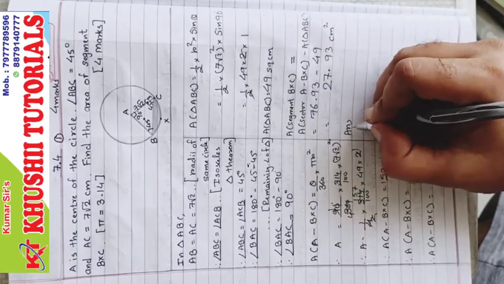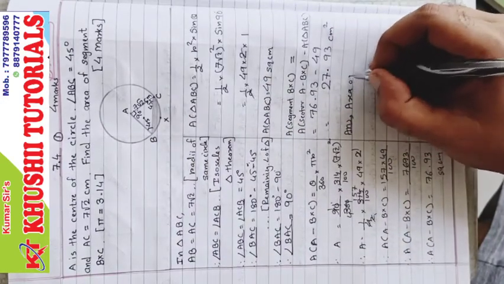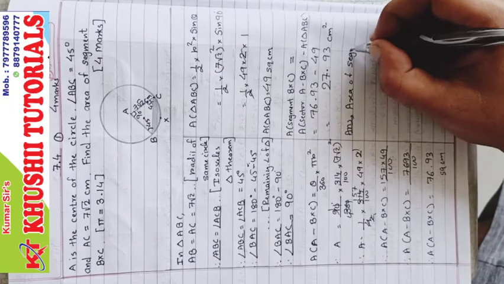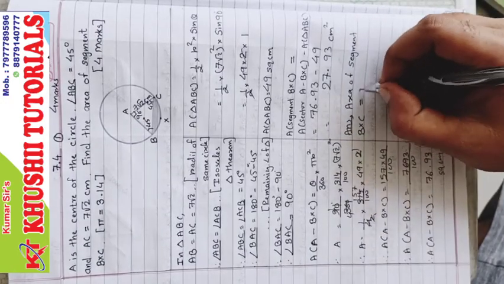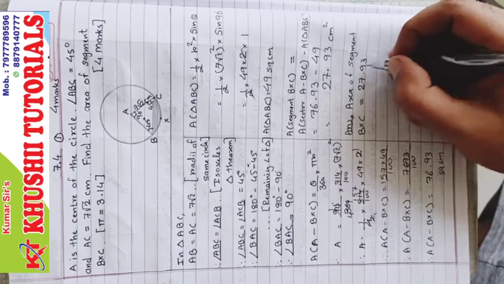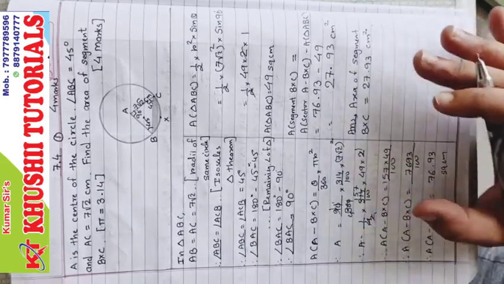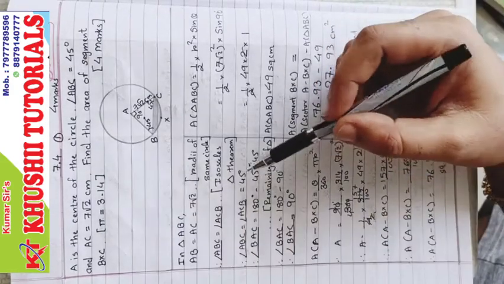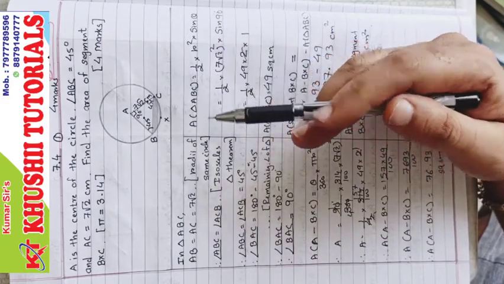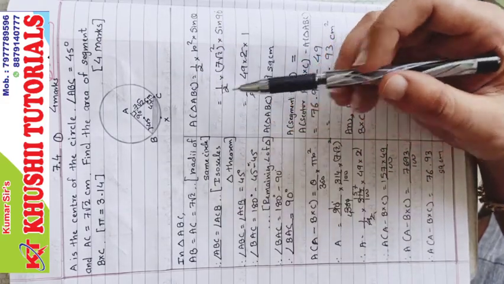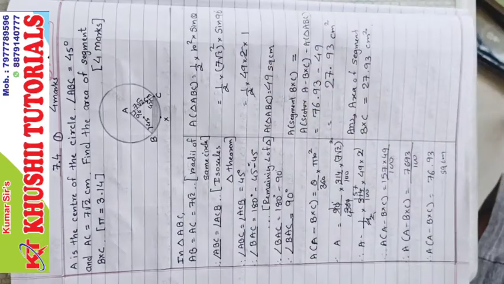So answer: area of segment BXC equals 27.93 centimeter square. In this type of sums, calculation is more important because the formulas are easy, the concept is easy, the main thing is calculation. Now there is more chance of making calculation mistakes. So try to do it once or twice and check.